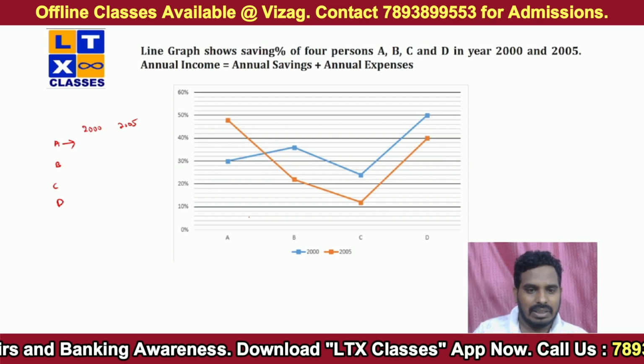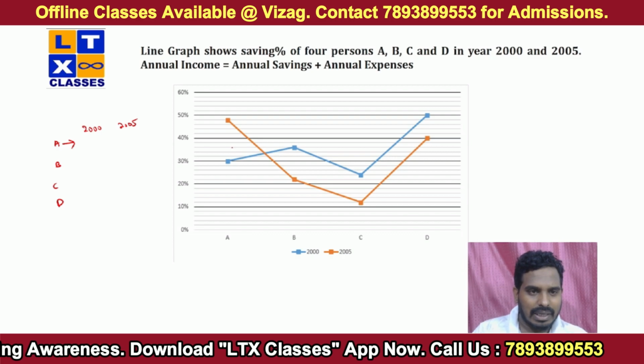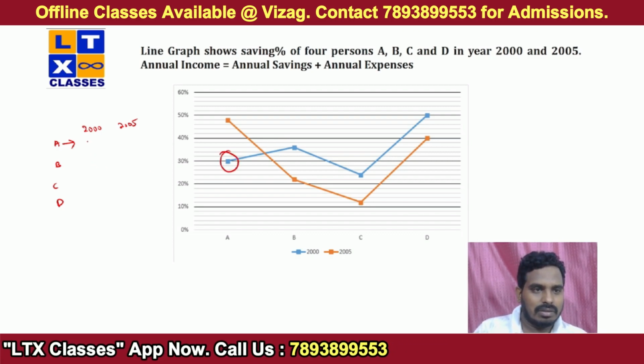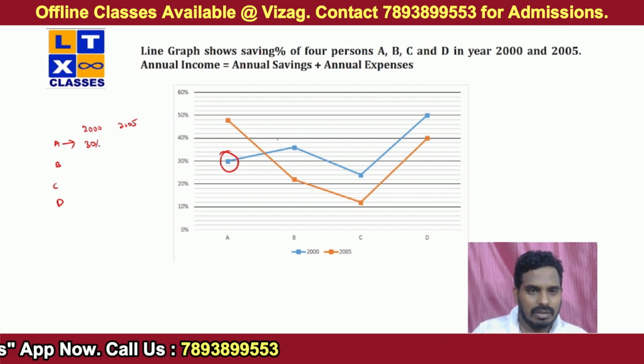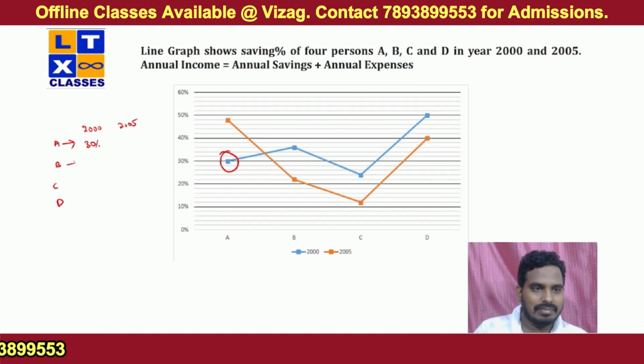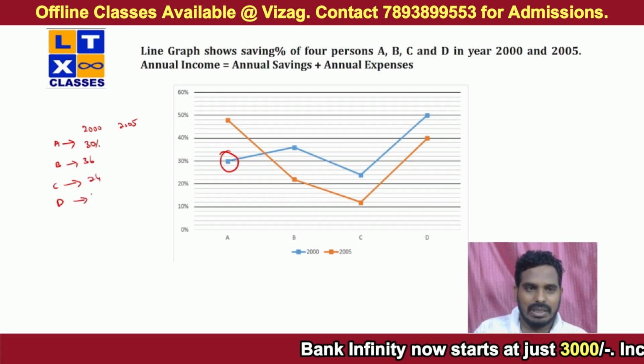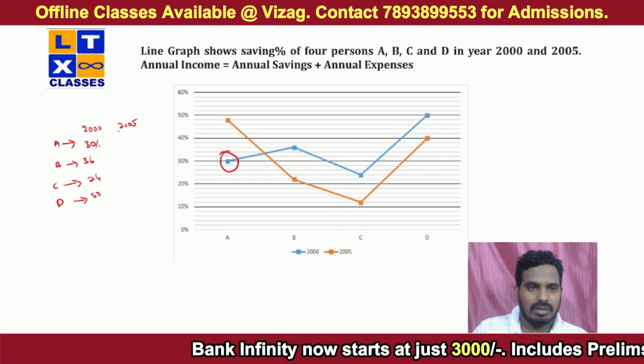Now, we'll write for the year 2000 here. For A it is 30%. For B it is 36. For C it is 24. And for D it is 50%.